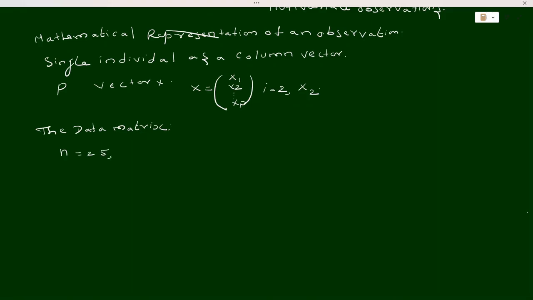The number of variables which you have collected are mathematics, statistics, physics, and chemistry. Therefore, p is equal to 4. So we have 4 variables and the number of students is n. So this is the representation with n and p variables, and this is how we can put it in the data matrix.